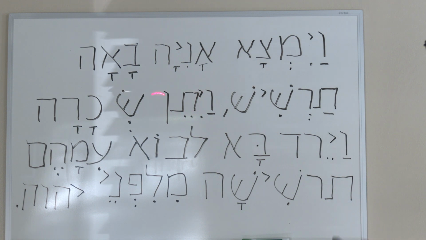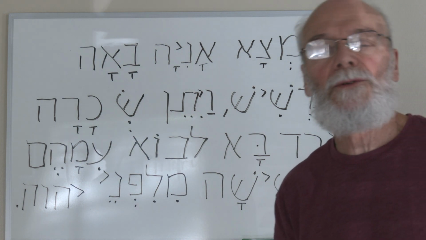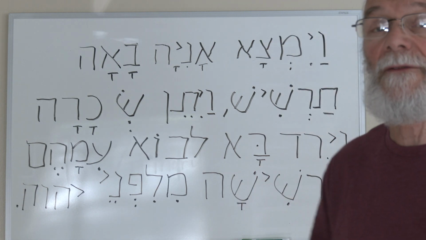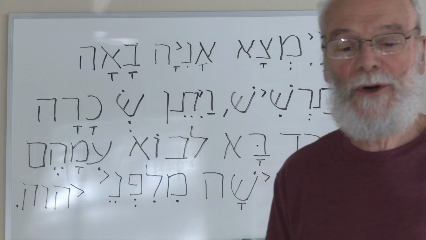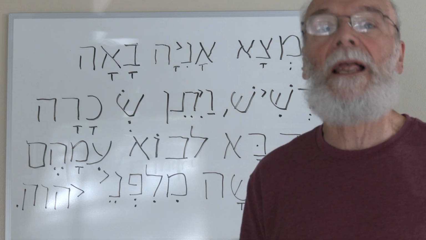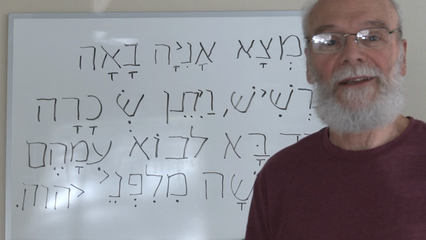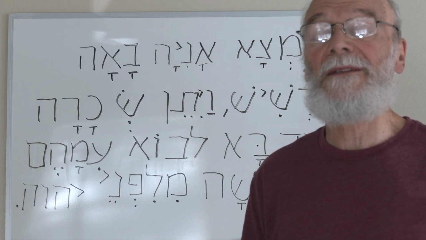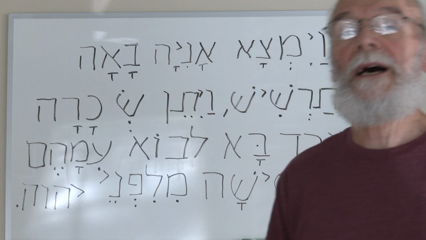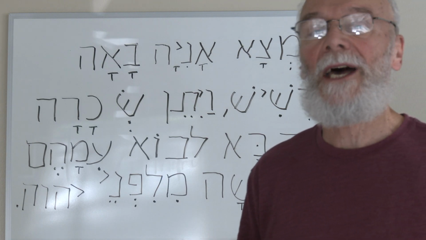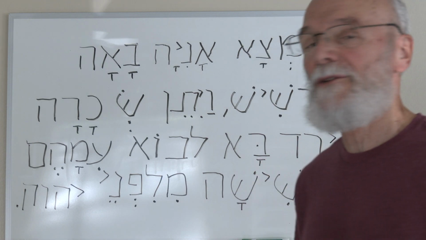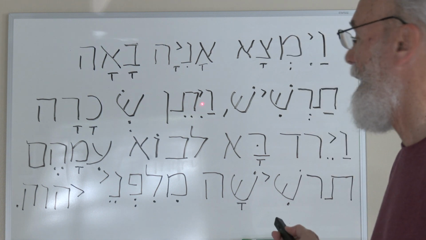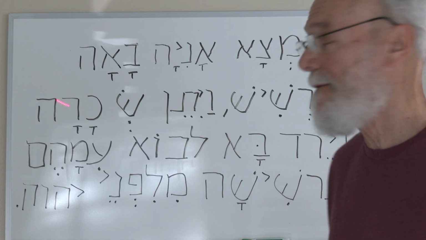Vayitain, and it's the word to give, from latet, which is the infinitive to give. Perhaps some of you know the word Nathaniel or Nathan, Nathaniel. Okay, so that means the gift of God or what God gave. Nathaniel. And then you hear the word Nathan in there. This is Vayitain, and he gave.